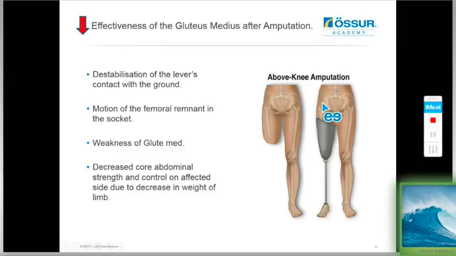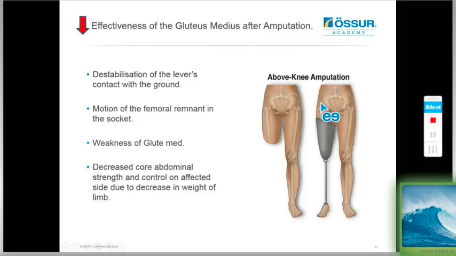So as the abductors or the glute med tries to work, it tends to abduct the femur within the socket, and particularly if that is not stabilised well, that will decrease the effectiveness of the glute med even further and promote problems with lateral pelvic shift.